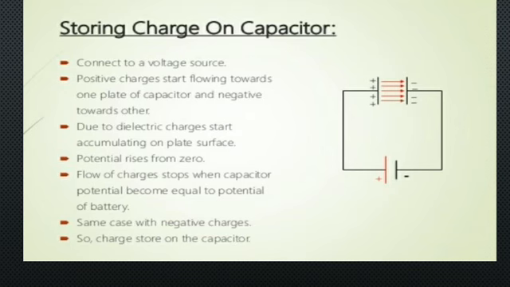Due to the dielectric, charge starts accumulating on the plate surfaces, so the potential rises from 0 to maximum. The flow of charges stops when the capacitor potential becomes equal to the potential of the battery.